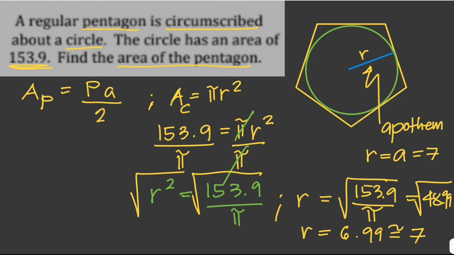Now we already have the radius or the apothem of the pentagon, but we don't know the perimeter. To solve for the perimeter of the pentagon, we should know the length of each of the sides of the pentagon. Now, since a pentagon is a 5-sided polygon, we can solve for the angle.